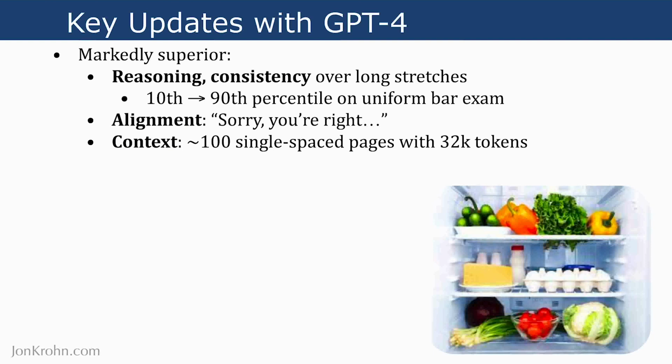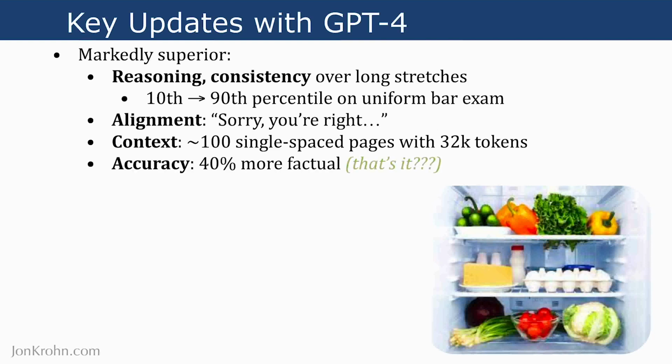The context is huge. This isn't publicly available yet, but there is a waitlist. You can get access to the GPT-4 API that has a context window of 32,000 tokens. That's about 25,000 words, and that corresponds to, I asked GPT-4 to do this math for me, about 100 single-spaced pages. That's wild.